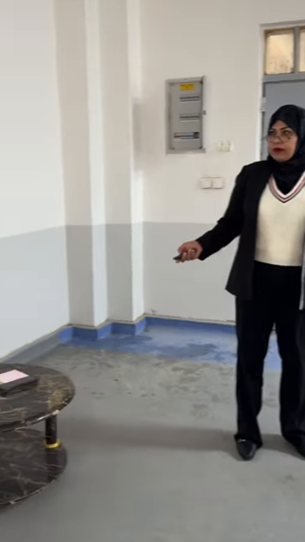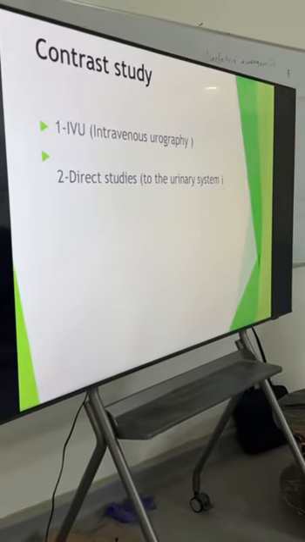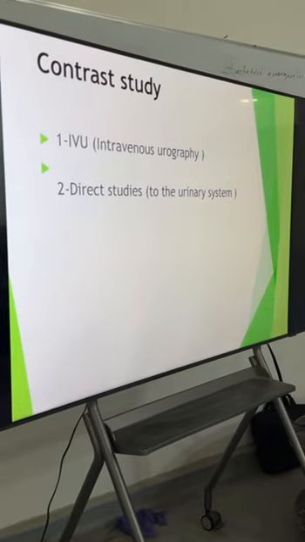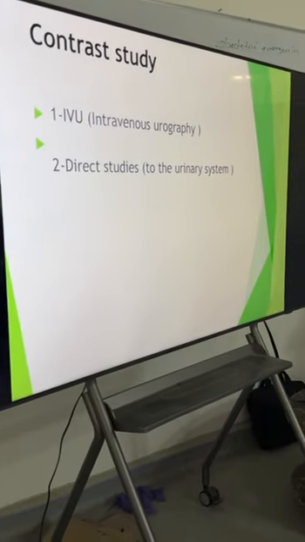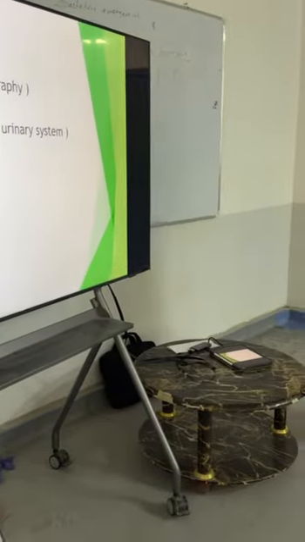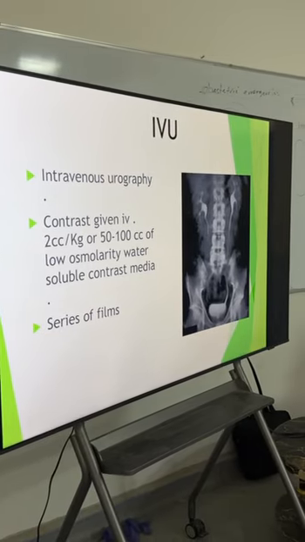We have phases of IVU, and this is to assess the function of the kidney, of the renal system. We will take a series of films.